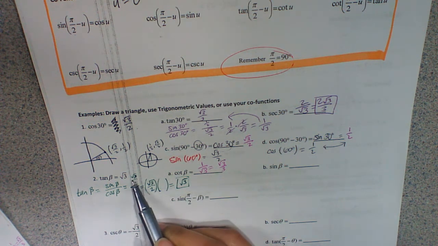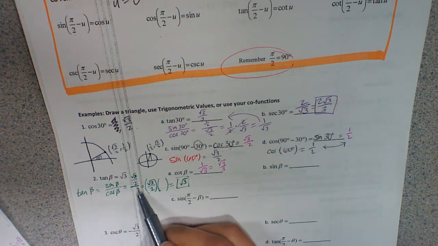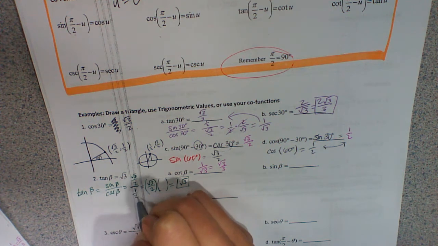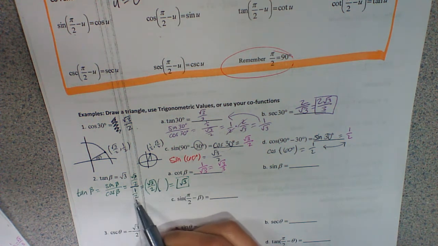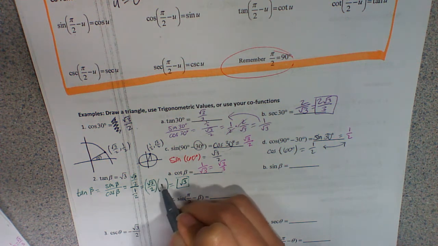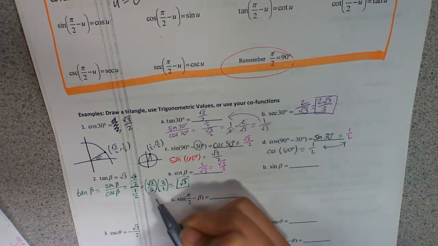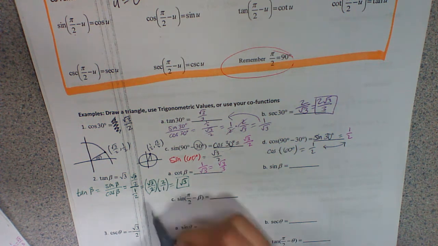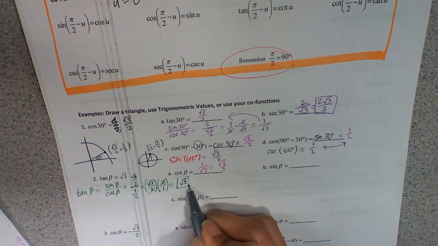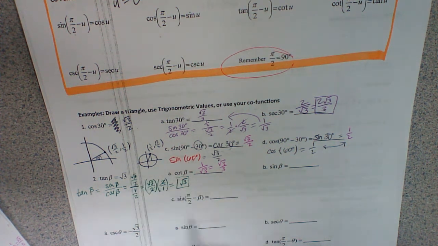The only other fraction that ever comes with square root of 3 over 2 in the unit circle is a half, so that forces cos to be a half, because once you take the reciprocal to simplify this, it turns into 2 over 1, and the 2's cancel, leaving you with square root of 3.